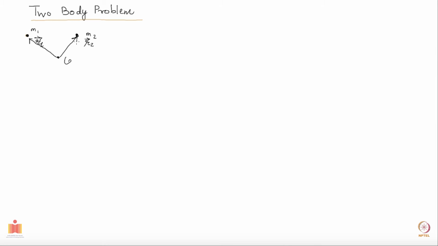These two particles are interacting with each other, and let's say the potential energy due to that interaction is U of R1, R2. So the interaction is given by the potential energy, a function of R1 and R2, and there are no external forces on this system.